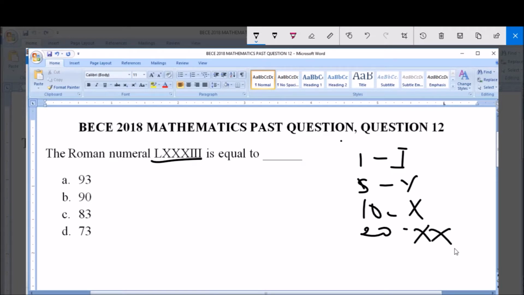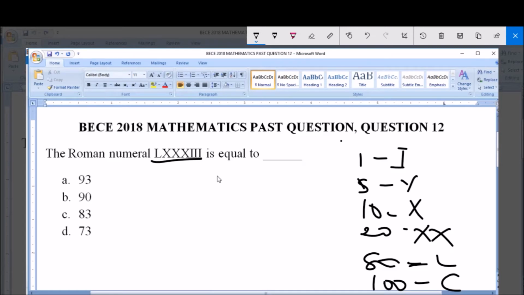As XX. Here 50 is given as what? As L. 100 is given as C, and so on. So this is the Roman system. They write numbers in capital letters. They use capital letters to represent numbers.